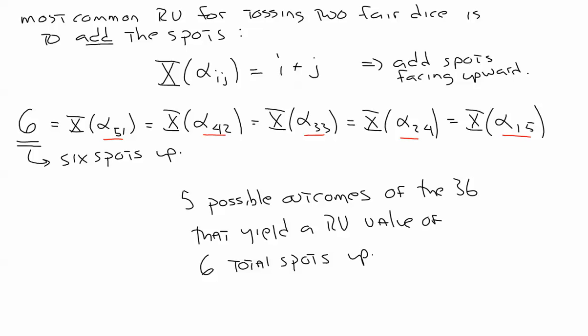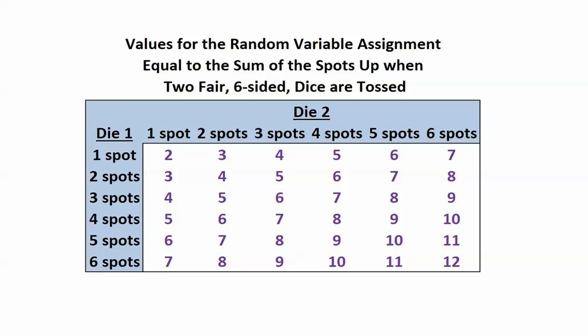Okay? This is the random variable assignment for our current experiment. This is the values of the random variable assignment that's equal to the sum of the spots up when 2 fair 6-sided dice are tossed. And we'll see that there's 1, 2, 3, 4, 5 ways that I can get 6 spots up, etc.